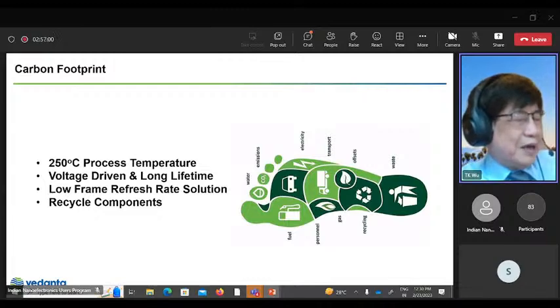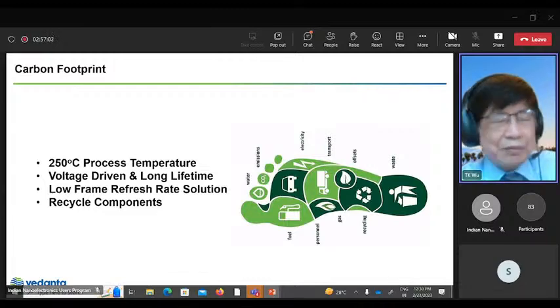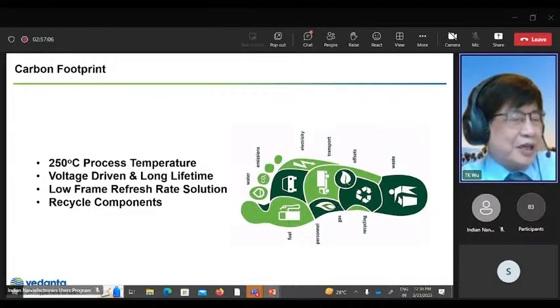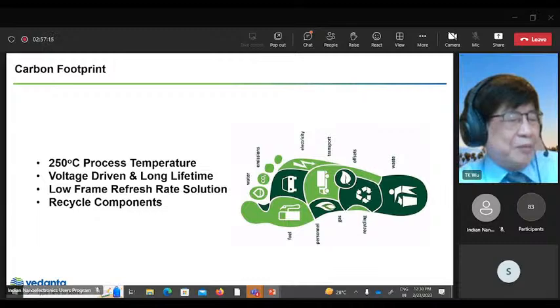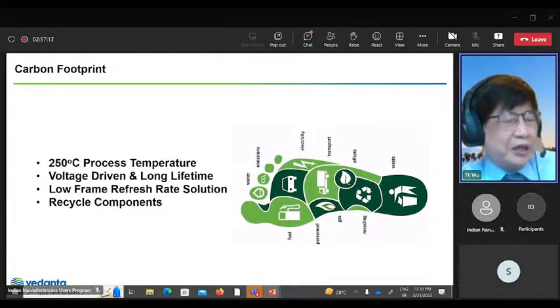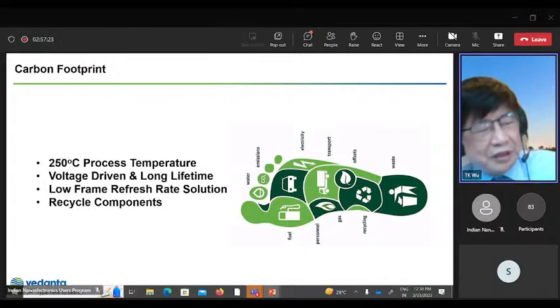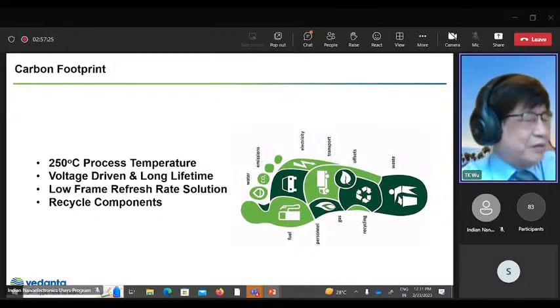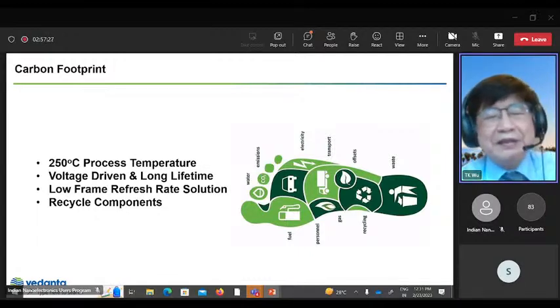Generally speaking, the lower the temperature, the lower the carbon emission, or the lower the carbon footprint. LCD is a voltage-driven display, compared to AMOLED, which is a current-driven display. So LCD is greener than AMOLED.